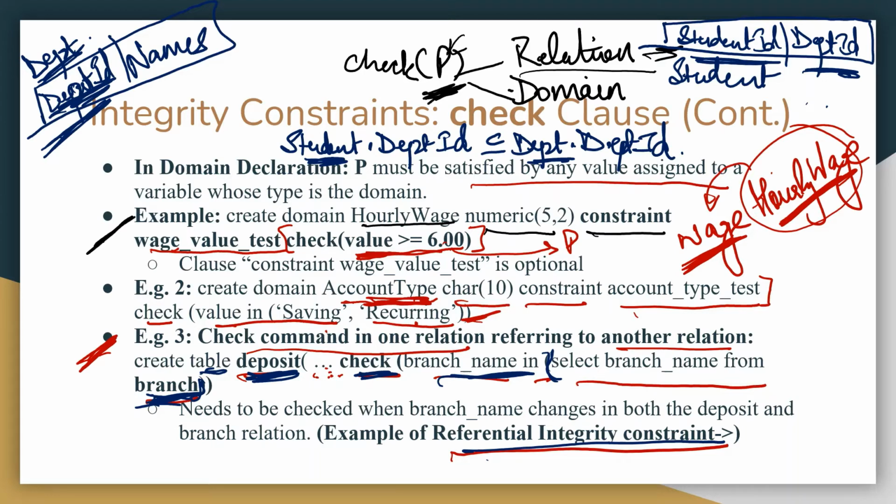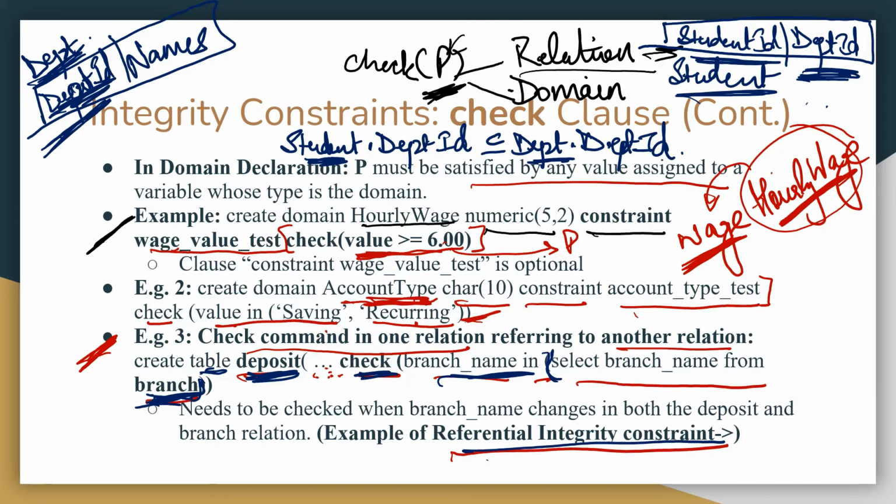That we do not add any new value in a table which has the foreign key, which is the student table in this case. We do not add a new value in the department ID which is not defined in the department table, which has all the viable department IDs.